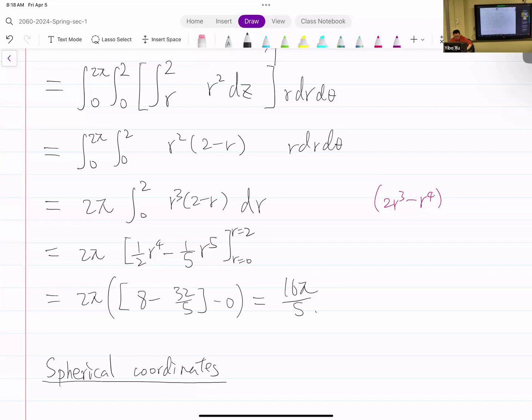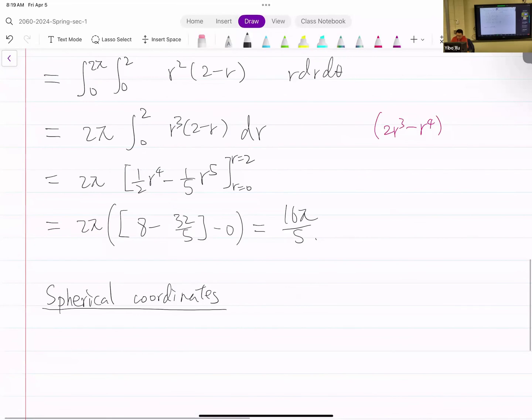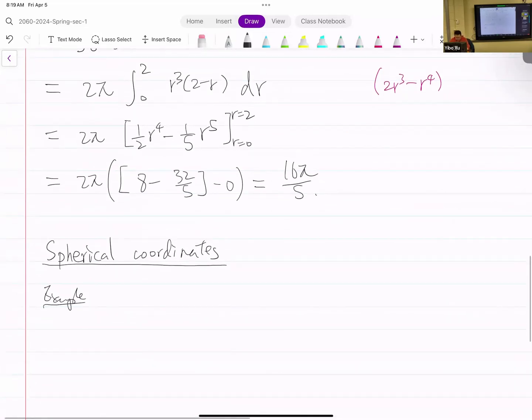And then the angle within the xy plane about the rotation, and finally the z coordinate will not change. But sometimes it does not really help you solve the triple integral. So let's look at a motivating example, which we will solve after we completely establish the spherical coordinates.